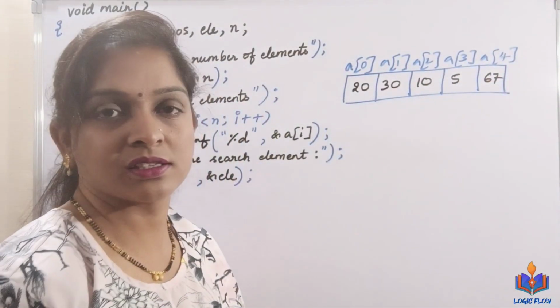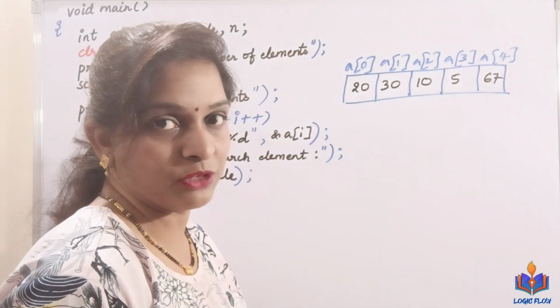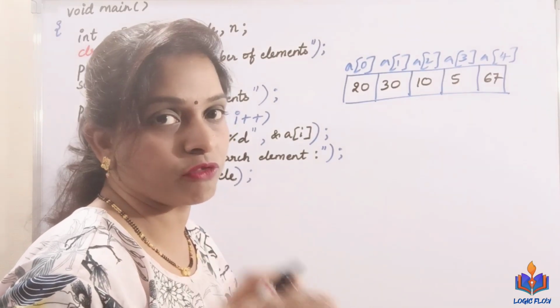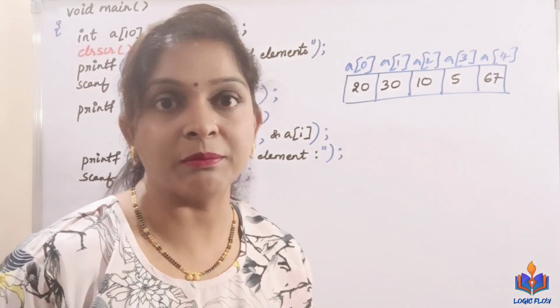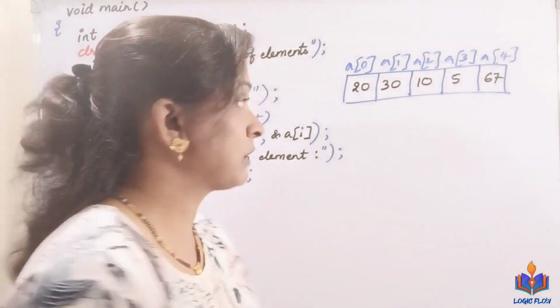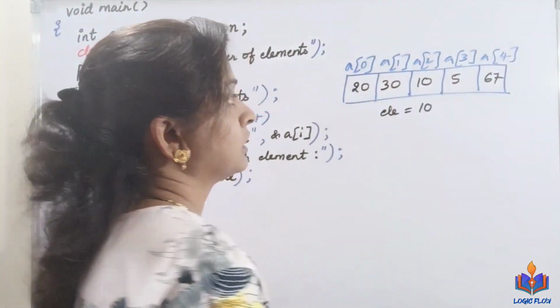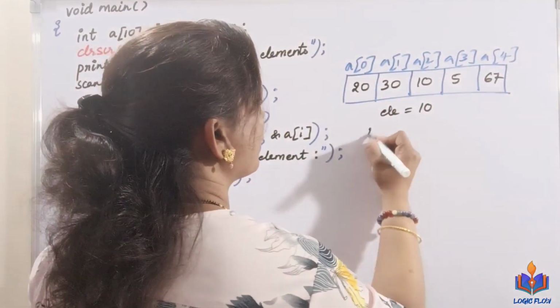After we input the values into the array, we have to find the position of one element. We need to search for an element, so I need to input that element. Let me say I want to search for the element 10. What is the position of this element? 2.